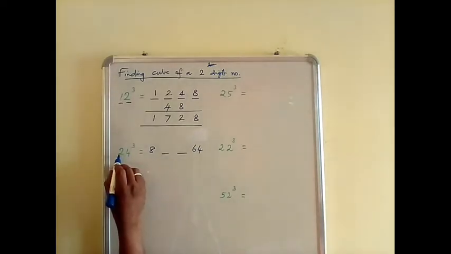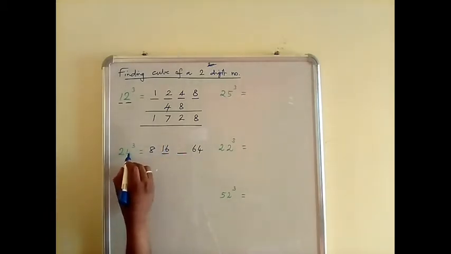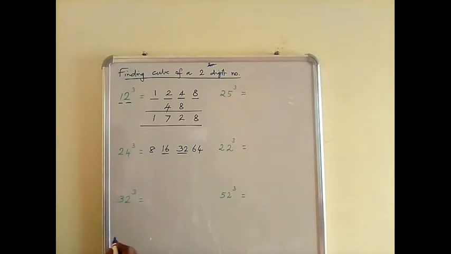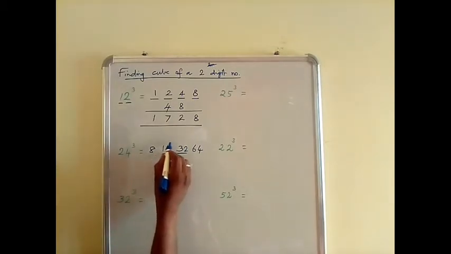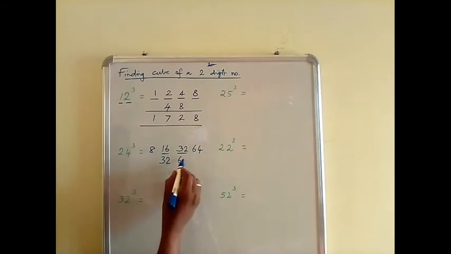So 2 square 4, 4 into 4, 16. Now this is 4 square into 2, 4 square 16 into 2, 32. Now double this, you get 32, double this, you get 64.